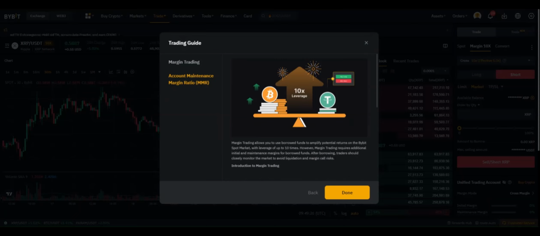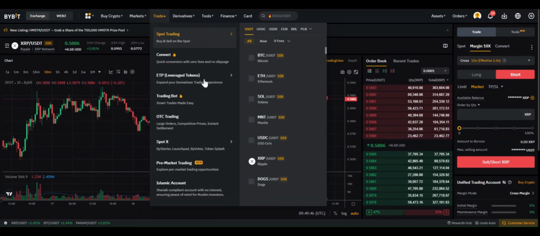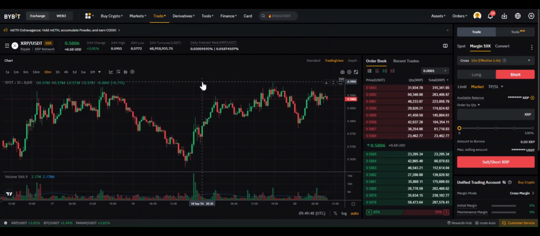Margin trading allows you to use borrowed funds to amplify potential. However, margin trading requires additional initial and maintenance margins. Not sure it's what I'm looking for. Let me check leveraged trading.